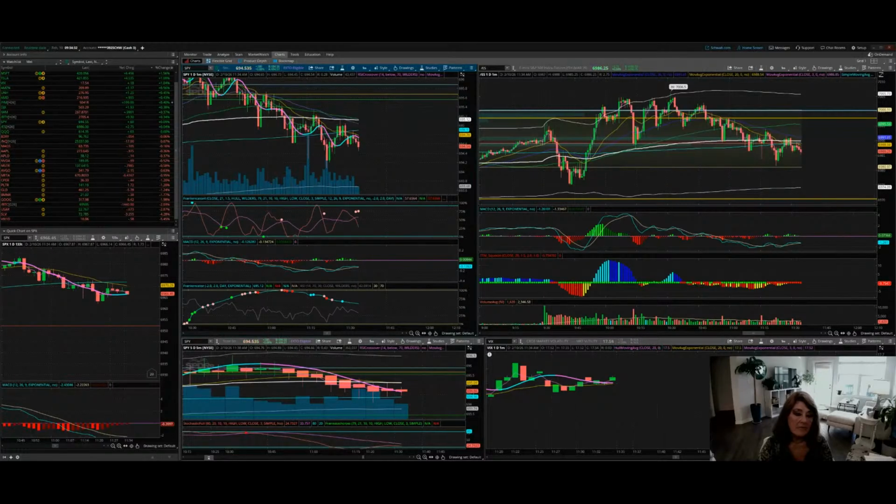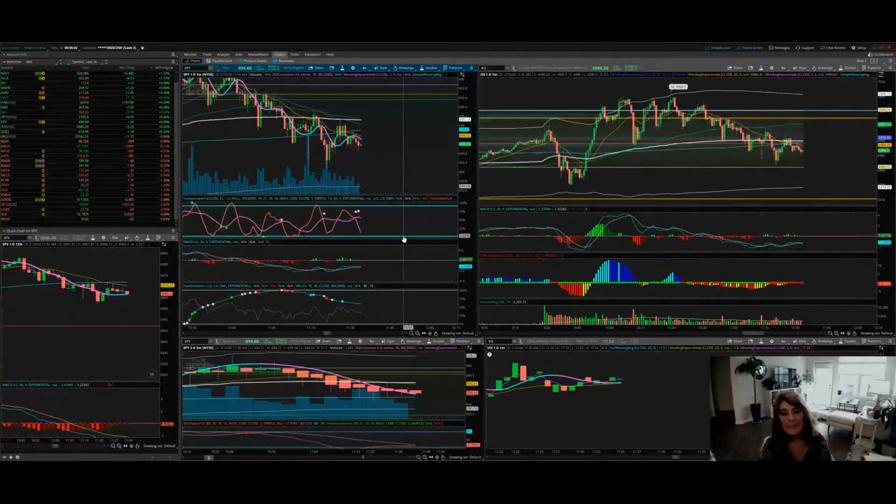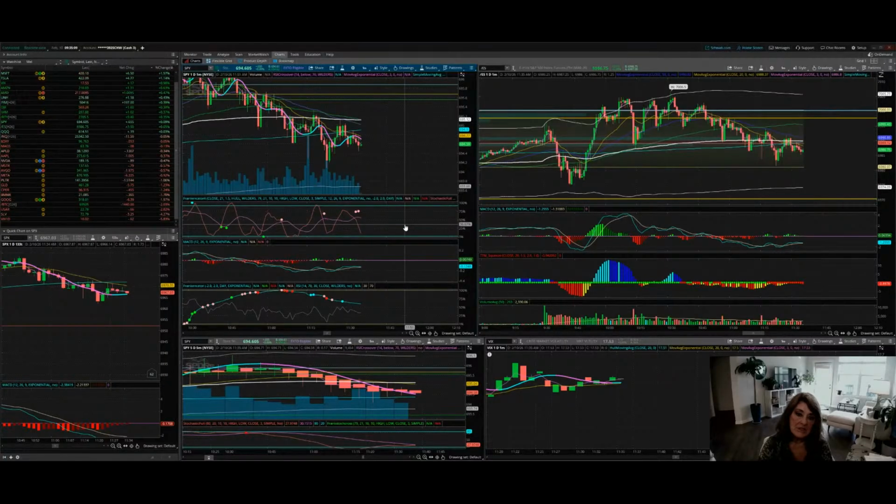The 695s is what I'm looking at right now, but it looks like it wants to drop, but I feel like it could be a little trappy as well. We've got a low down here. So I'm going to wait right now. It just feels a little trappy to the downside.